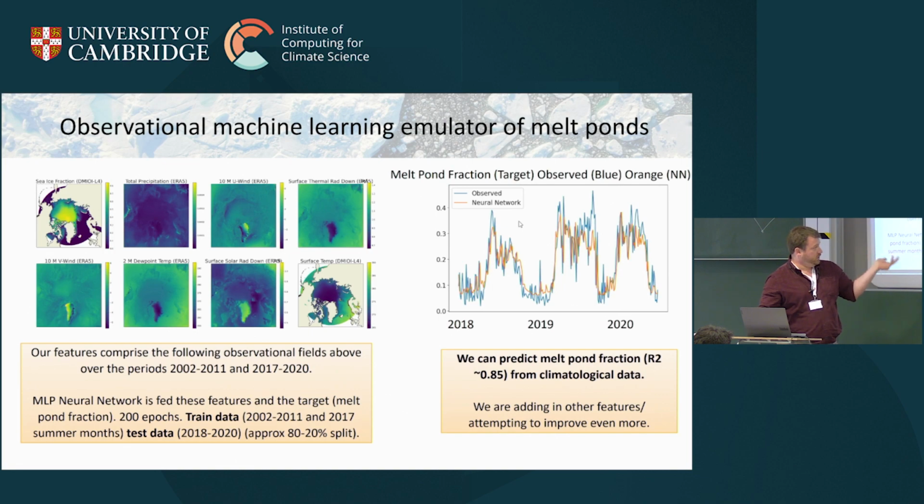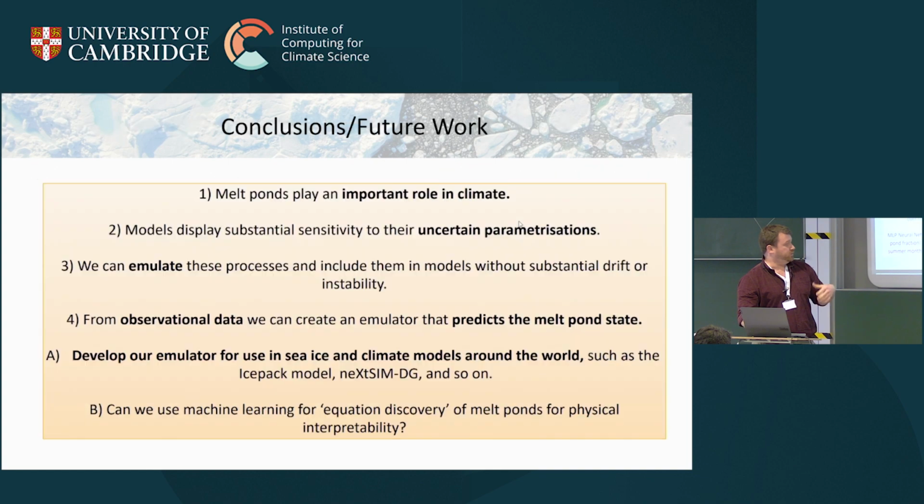So effectively, we can get an observational-based emulator of melt pond fractions, and we're also trying to improve this with other things, such as the type of ice. So multi-year ice and first-year ice behave quite differently.